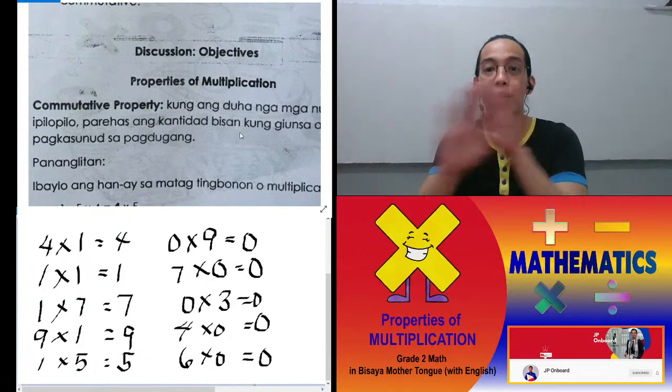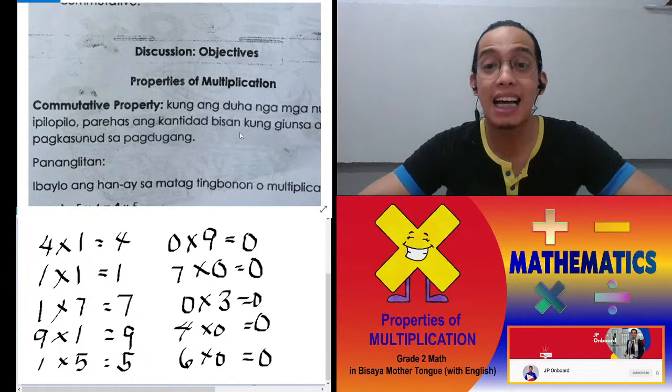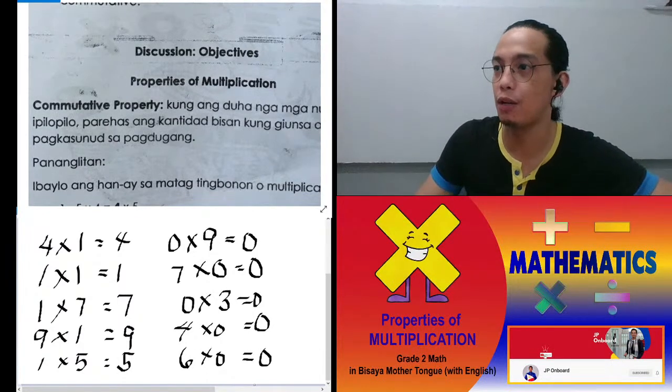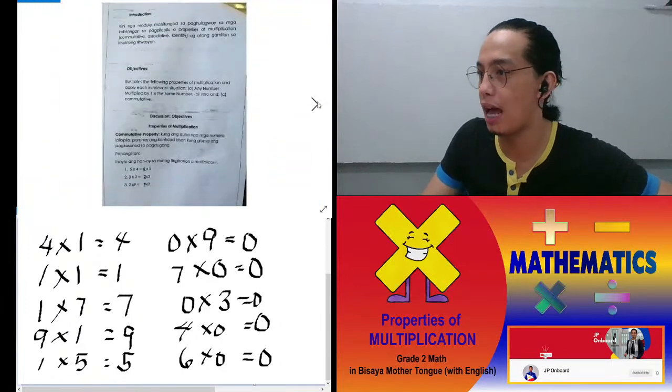Any numbers multiplied together have the same answer regardless of arrangement. And we have another exercise for that.